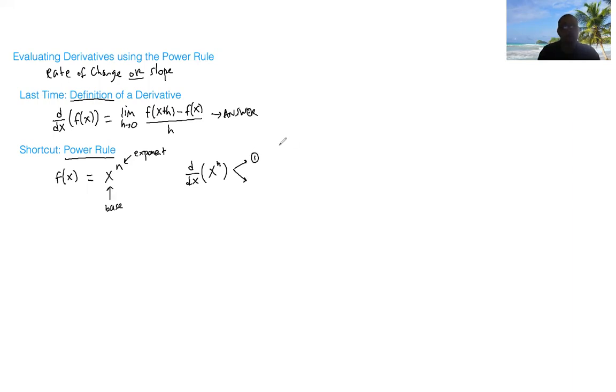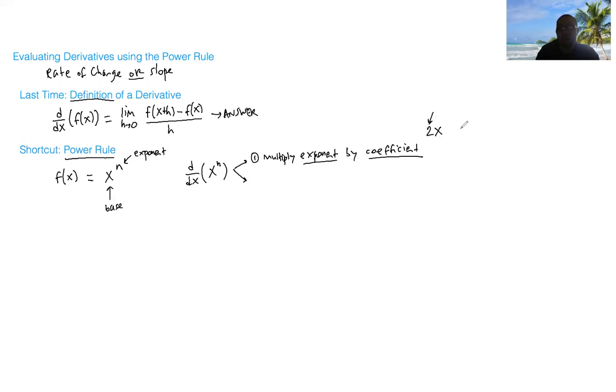So the first step is to multiply my exponent by the coefficient. The coefficient is just the number in front of the variable. So for example, for the number 2x, 2 is your coefficient.